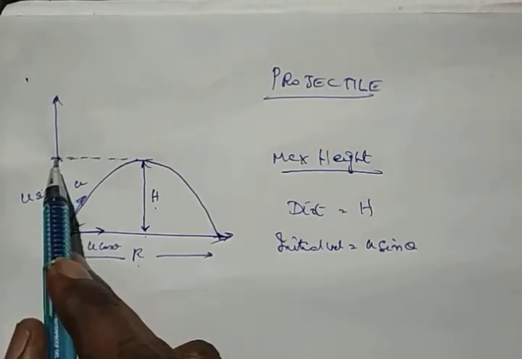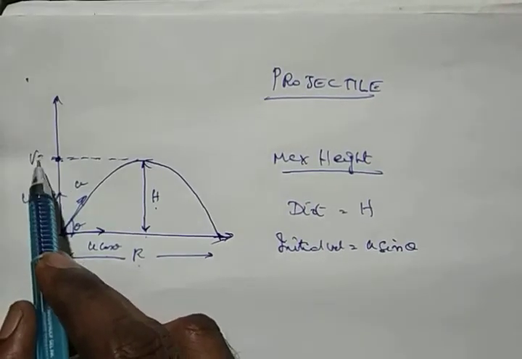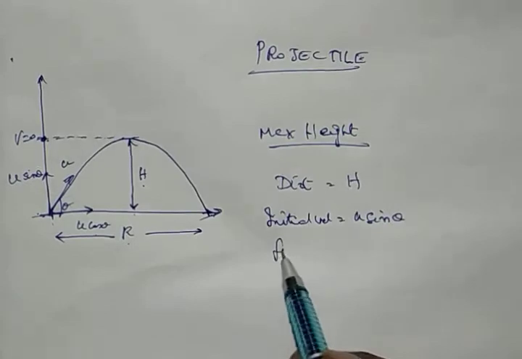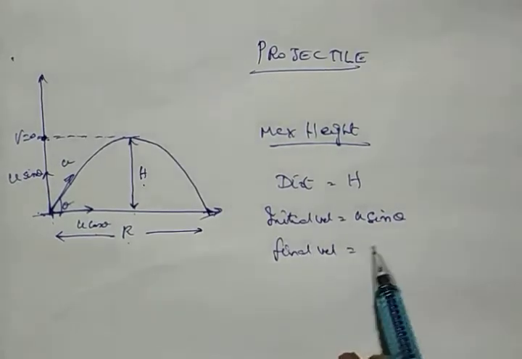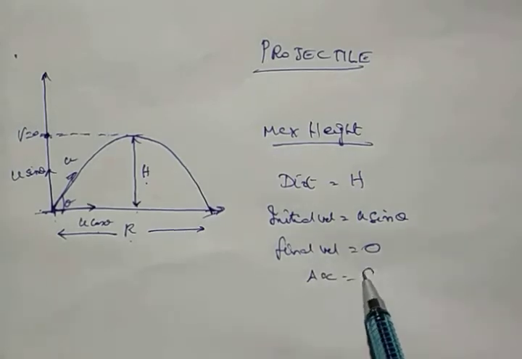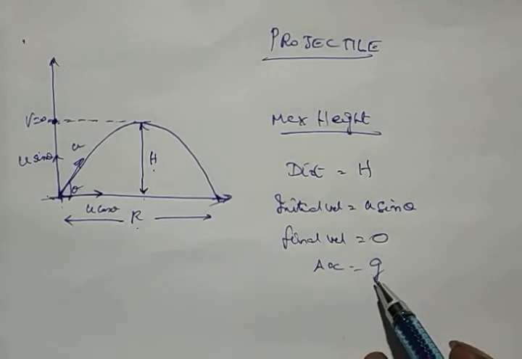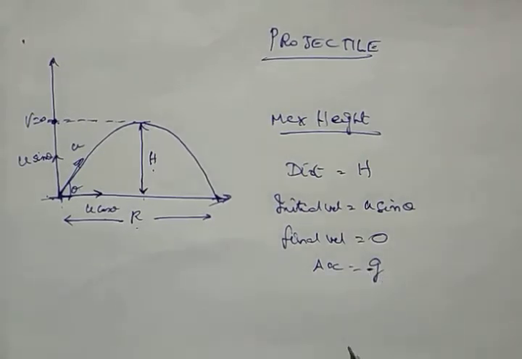When it goes to the highest point, what will be the velocity? The final velocity v will be equal to 0, and acceleration is going to be equal to g. Now acceleration will be, in fact, minus g.